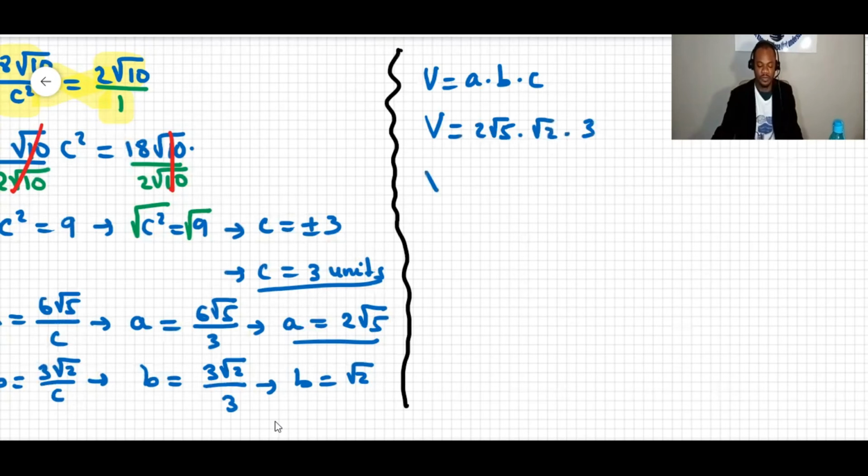We can times 2 with 3, that makes 6, and root 5 times root 2 is just root 10. So the answer is 6 root 10. The volume will be expressed in units cubed.